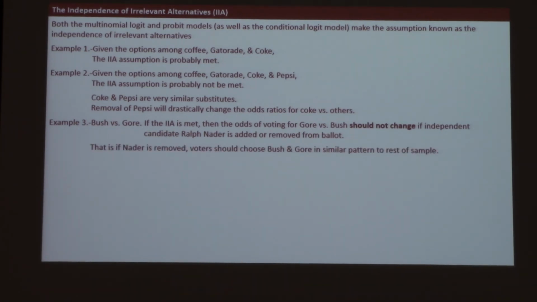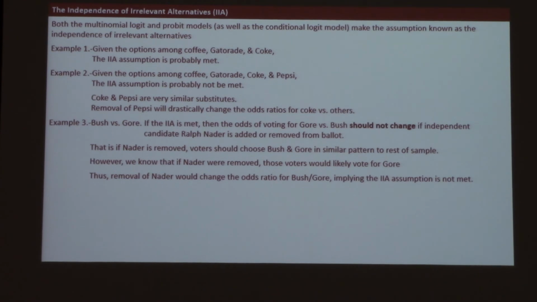In this case, we could assume that if Nader is removed, voters would choose Bush and Gore in similar patterns to the rest of the sample. But we know that's not true. If Nader was removed, those voters would probably go to Gore, and that would violate the independence of irrelevant alternatives assumption.